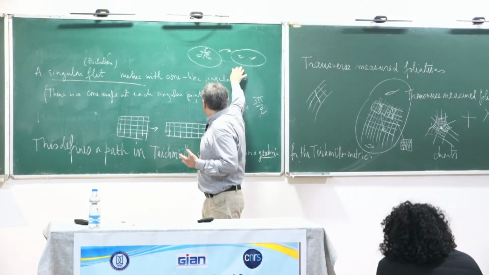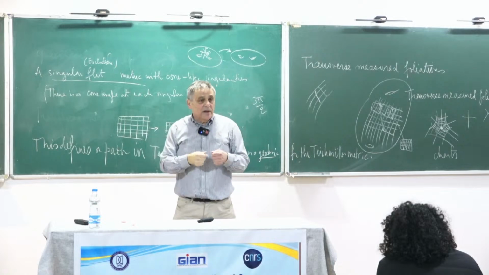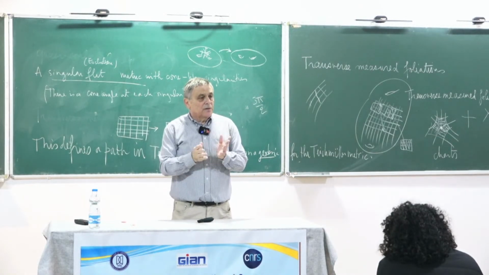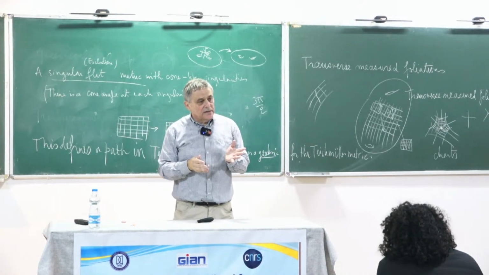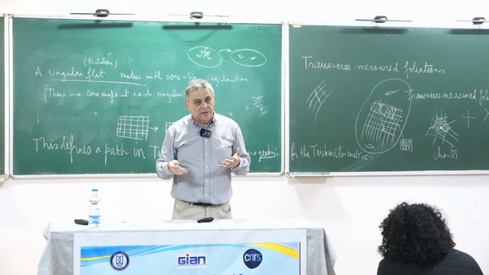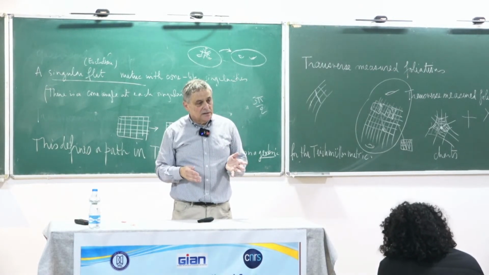Okay, these are complex surfaces, and a metric induces one. When you have a metric, then you have an underlying notion of angle, and putting a complex structure on a surface is just a way of measuring angles.